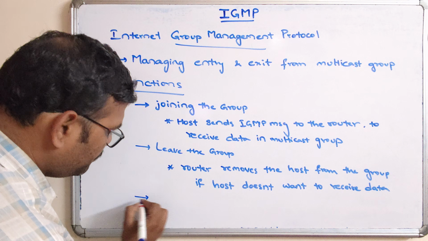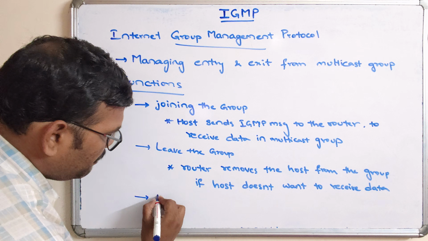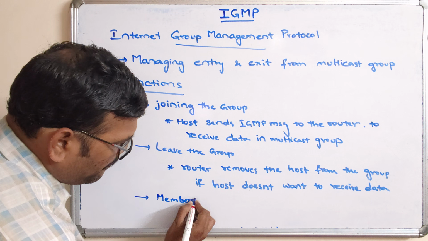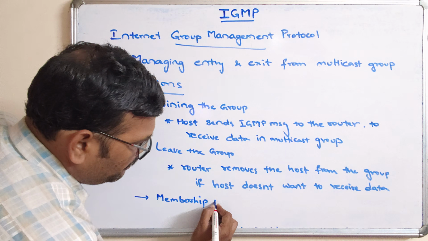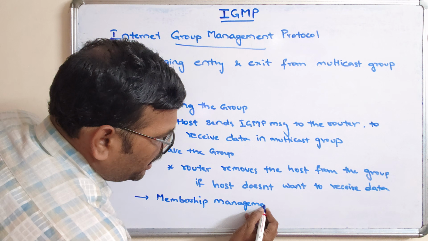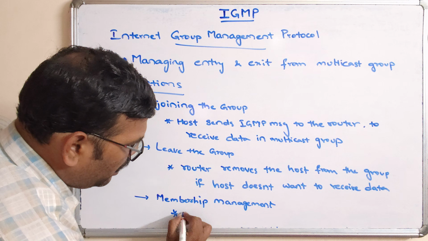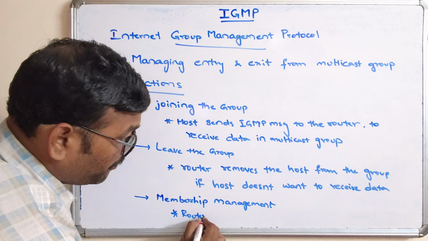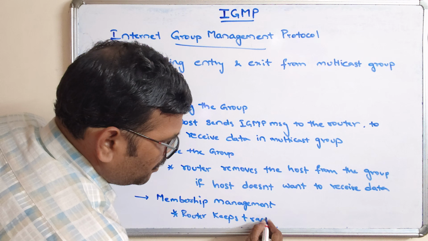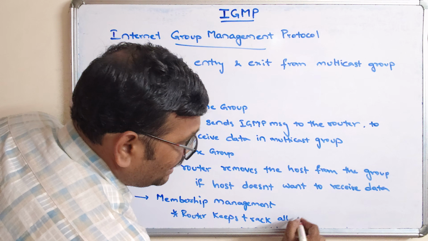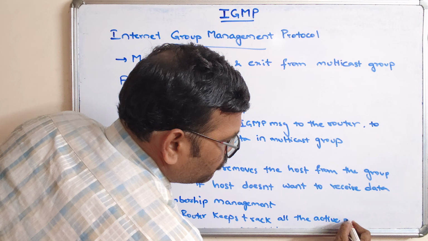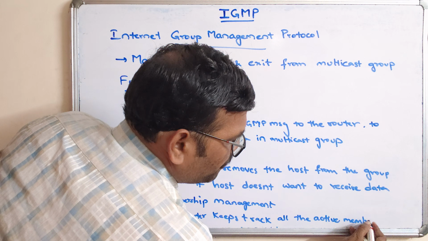And the third one is membership management. Here the name itself indicates the router keeps track of all the active members. Members here means hosts, active members in the group.